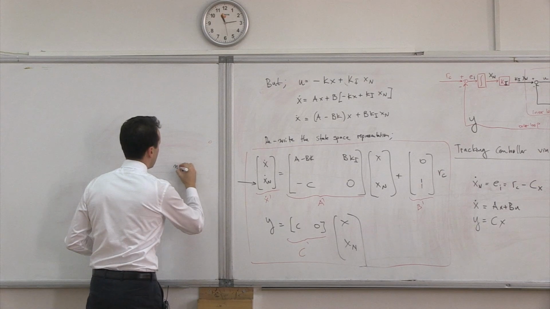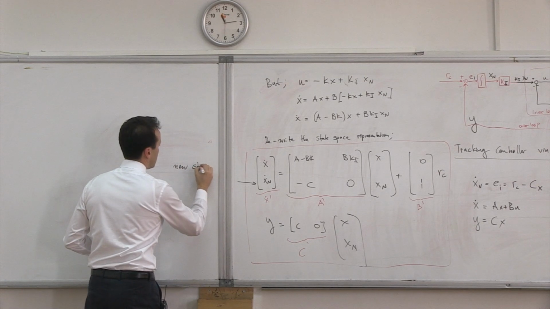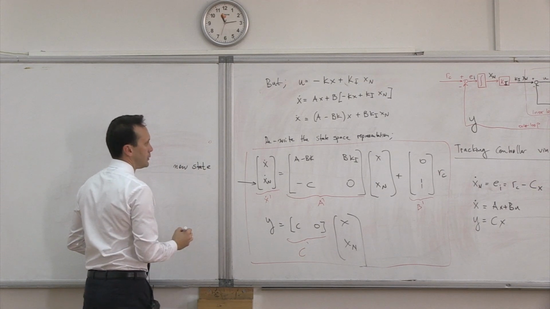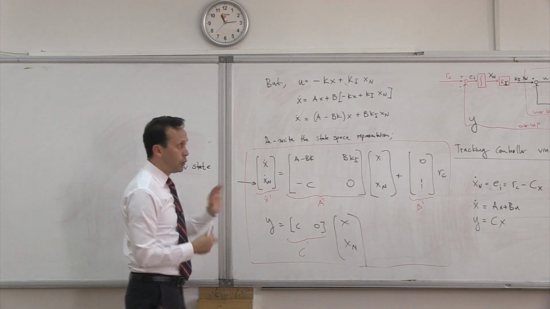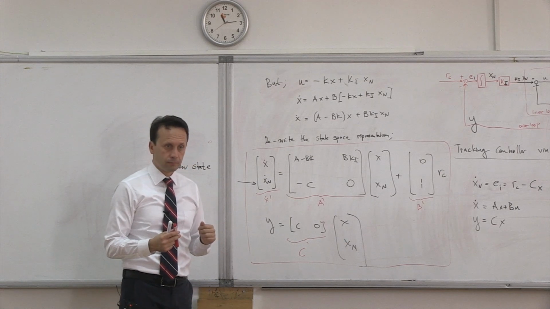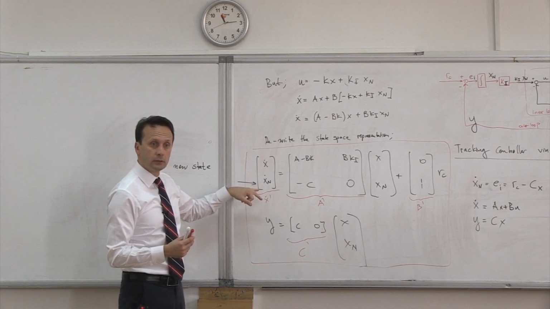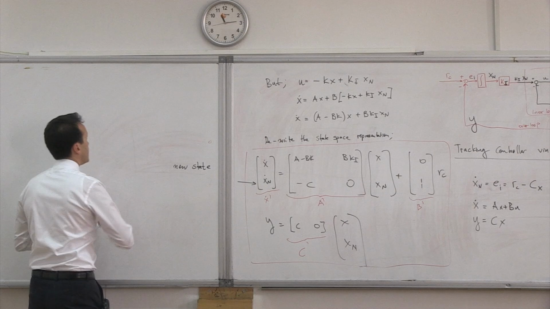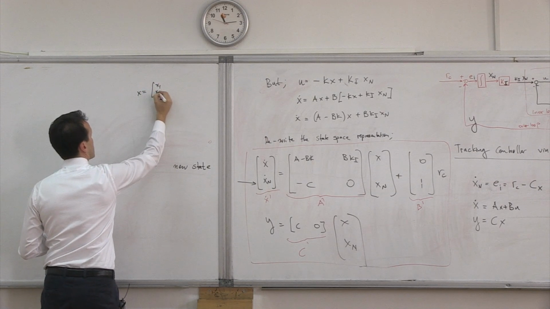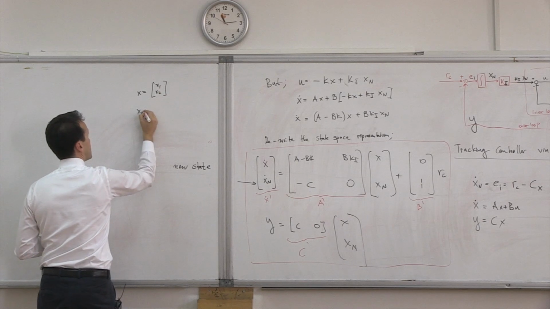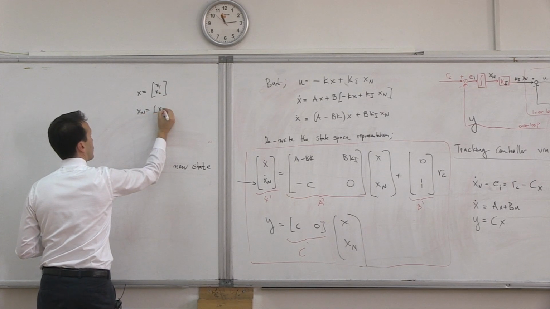Yes? How can we show that X dot and Xn dot have the same dimensions? They don't. X and Xn don't have the same dimensions. They don't have to. Let's say X has X1, X2, and Xn is equal to X3.